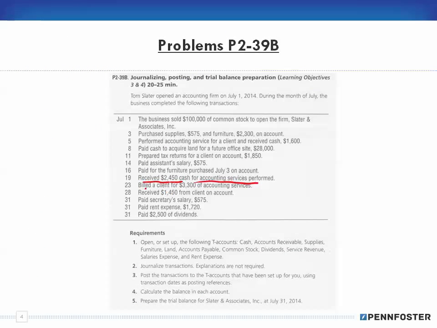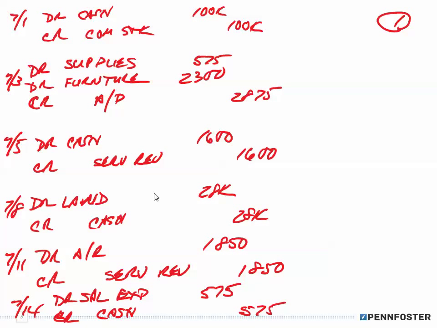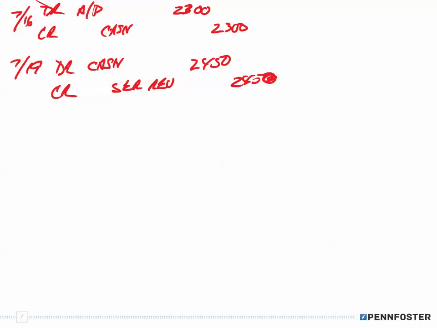Right, billed a client for $3,300 of accounting services. So am I affecting cash? No. Am I affecting receivables or payables? Yes, I'm affecting receivables because I'm billing, so it's on account and it's for a client, so that's a receivable.